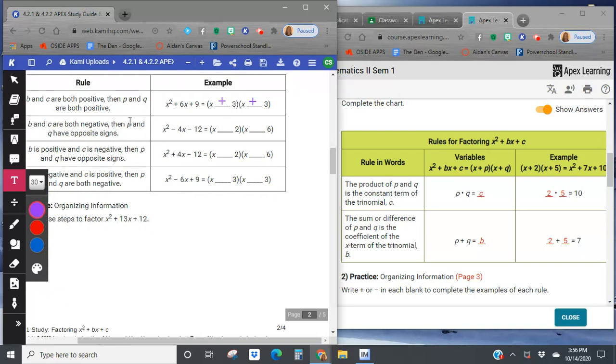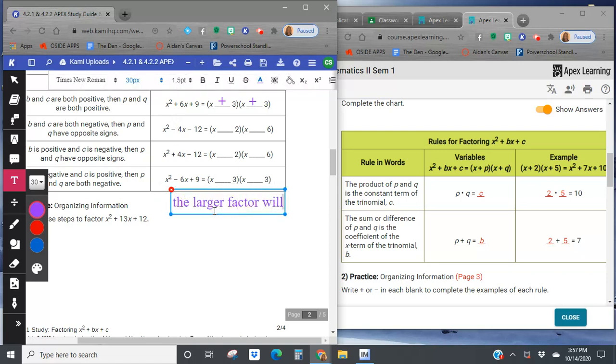If b and c are both negative, then p and q have opposite signs. So when these are both negative, these are going to need opposite signs. Since I need one positive and one negative, the larger factor is always going to have the same sign as the middle. The larger factor will always have the same sign as the middle.